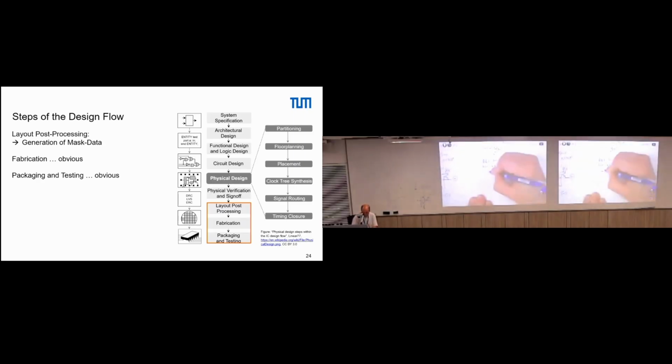Concept-wise, we have some LUT with inputs A and B, and it should output some output C. Logic-wise, we can draw it as a simple table here. We have A equals 0 or 1, B equals 0 or 1.